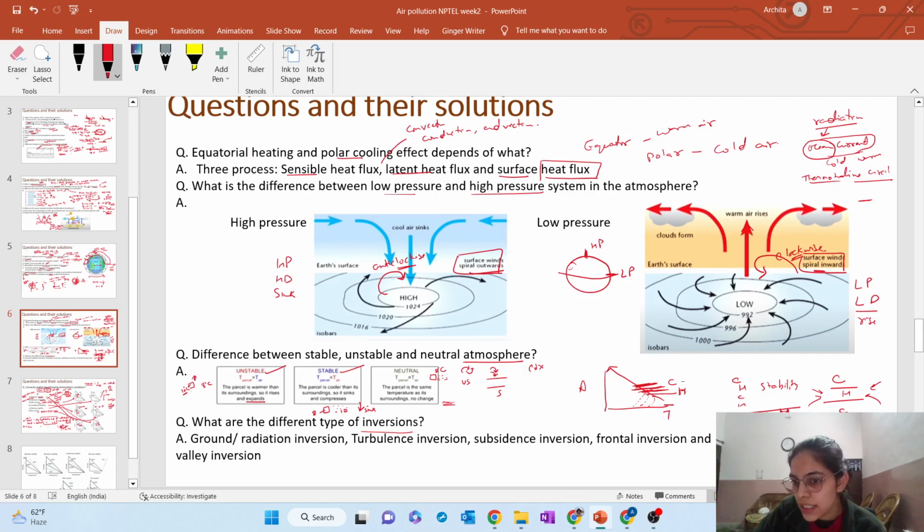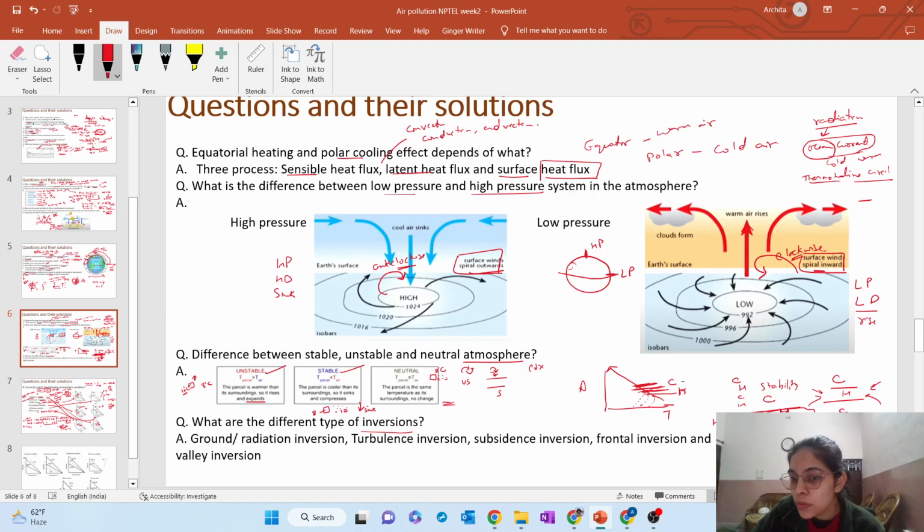Now the shaft is here, releasing its pollution in this region. So ideally this layer should be cold, because as you go up the temperature should decrease. But because the pollutants are released, this layer becomes hot. And above this the layer is again cold, because the pollutants are released in the form of plumes, let's say.